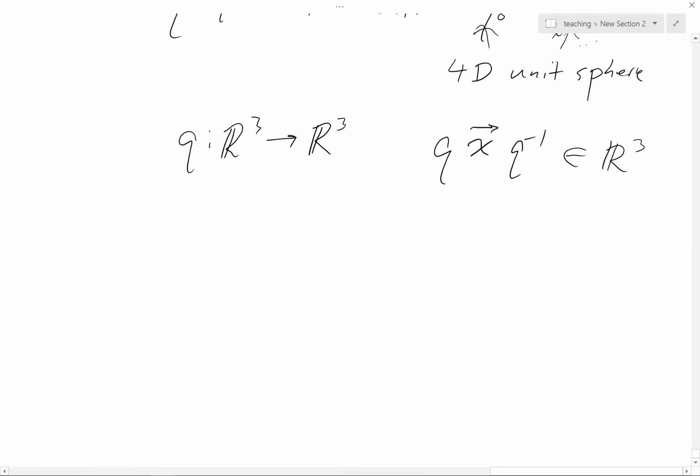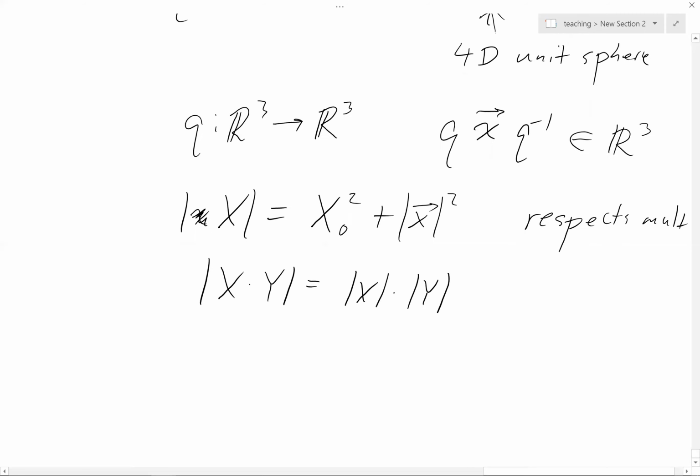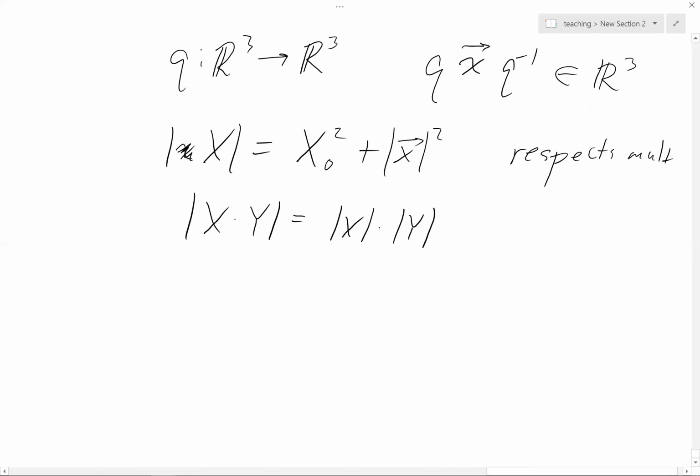Another thing, this quaternion length, the length of big X, I didn't show this, but it respects multiplication, meaning that if I do the length of big X times big Y, it's the same as the length of X times the length of Y. So that's something you need to check, but I'm not going to do it right now.